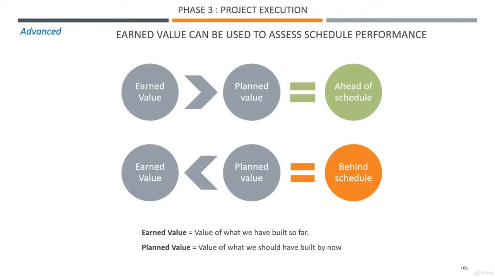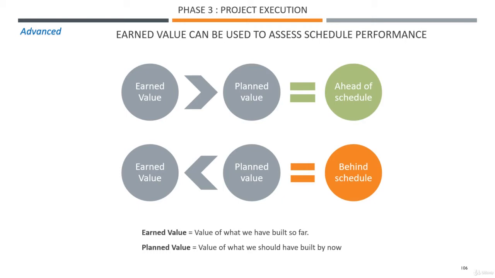We have finished with budget and we also have finished with scheduling, but before we finish execution, I wanted to show you that the earned value can also be used to assess the schedule performance. I don't know if you've noticed that on the previous slides. When we reviewed the budget, we compared earned value with actuals to see if we are doing well with our budget.